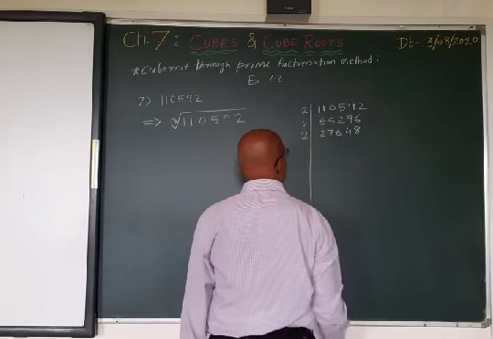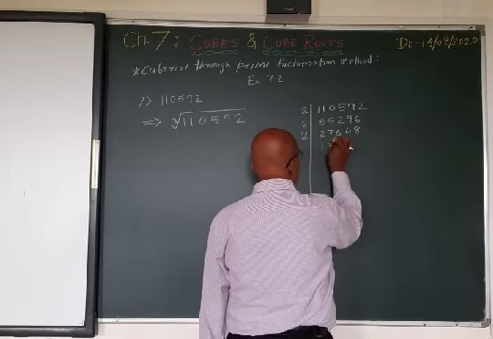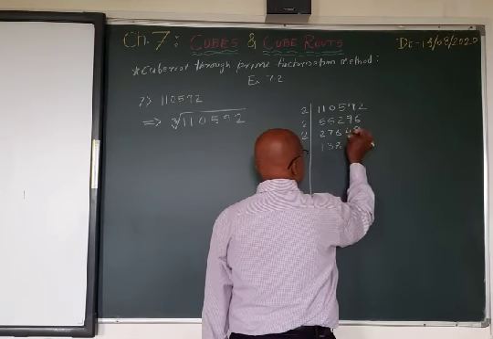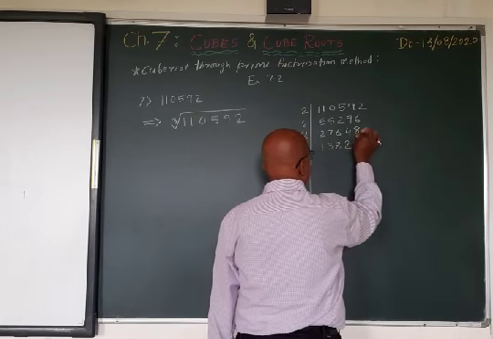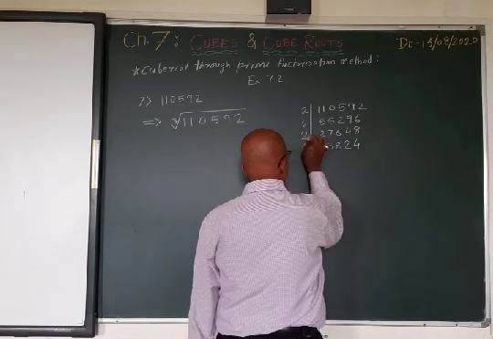Again, 2 ones are 2, 2 threes are 6, 2 eights are 16, 2 twos are 4, 2 fours are 8. Again you can divide by 2.